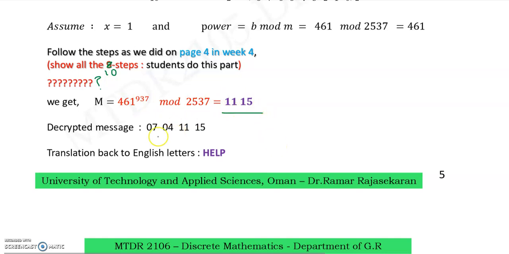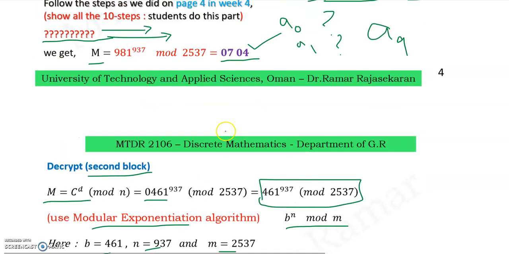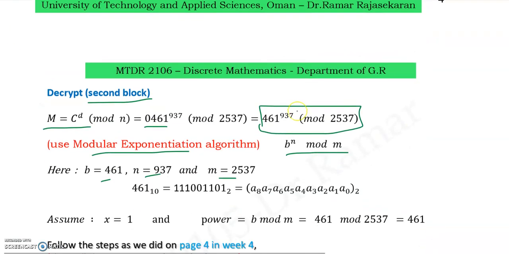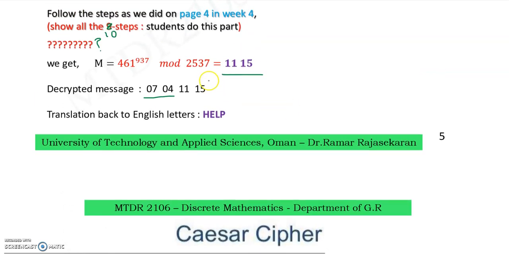In the first block, when I decrypt the first block, I found 0704. When I decrypt the second block, I found 1115. So now I have to apply this. Now 07 is H, then 04 is E, then 11 is L, then 15 is P. So what is our real decrypted message?